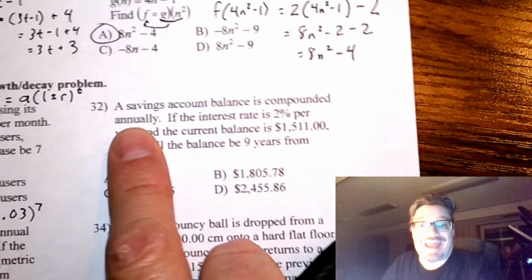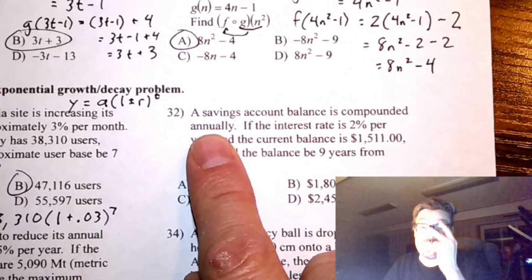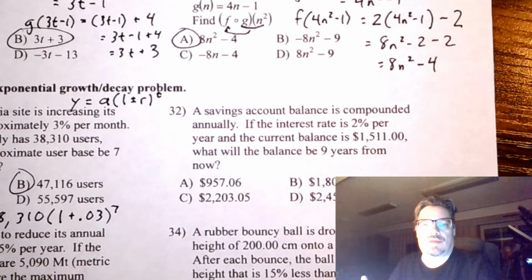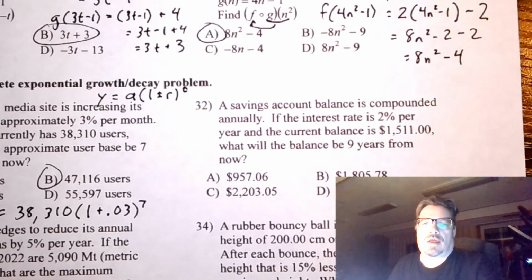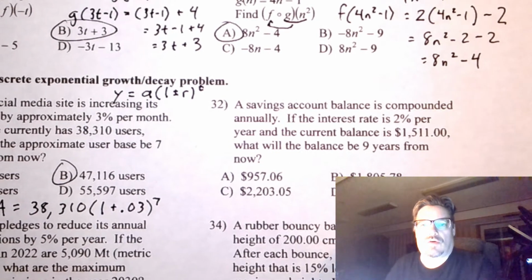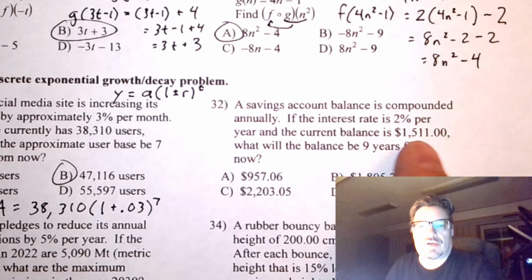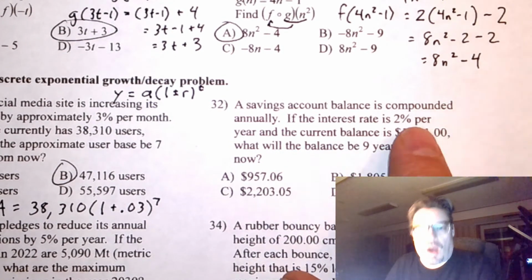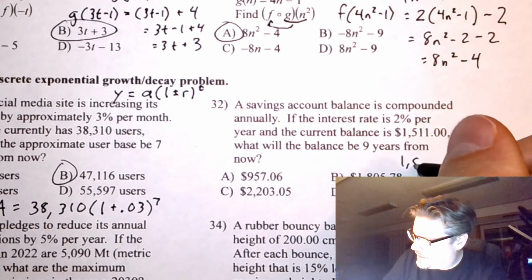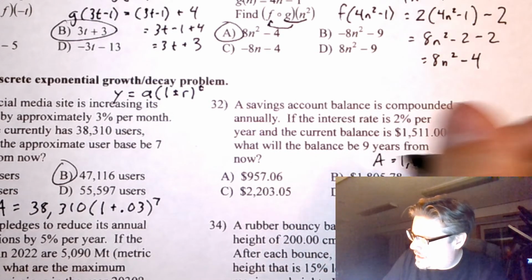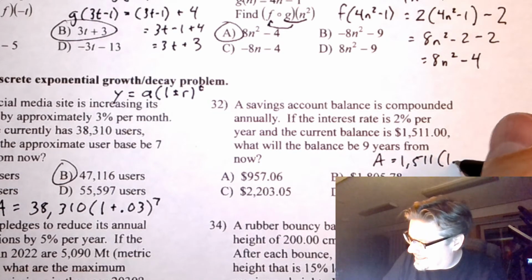All right, same thing here. Where it's compounded annually. Well, that's the easy one. Compounded annually means it only happens once. All right, so that's great. So we're going to start off with 1,511. It's going to go up by 2%.